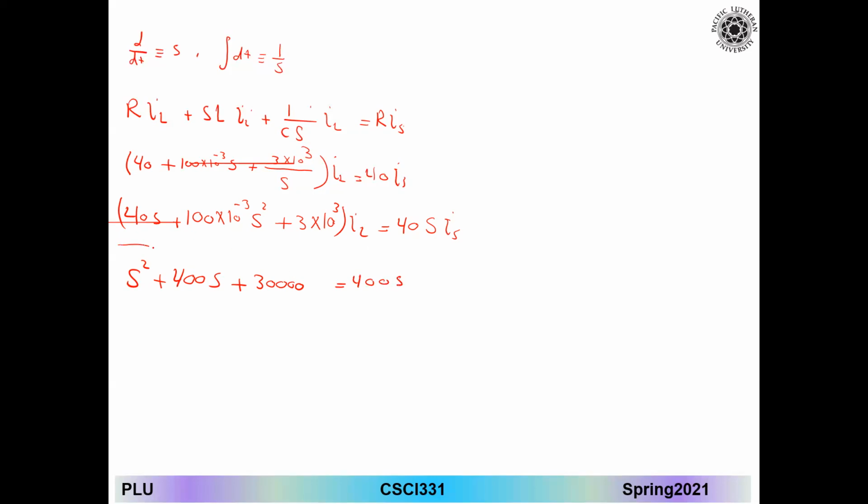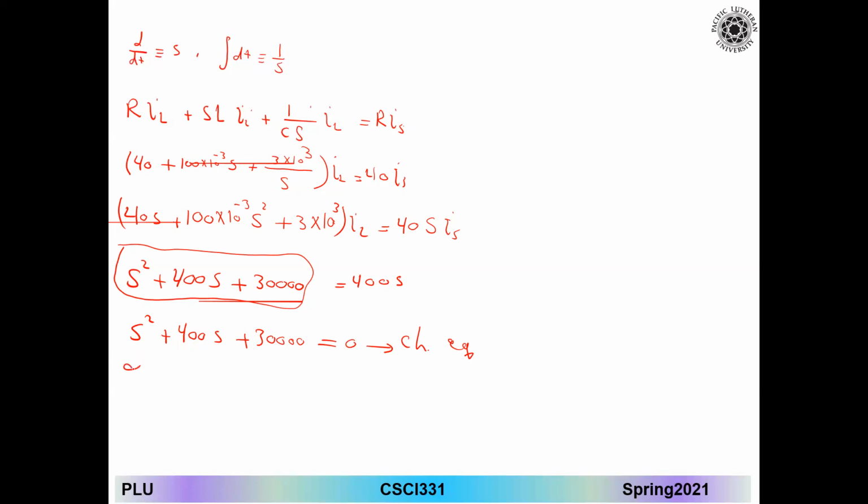So our characteristic equation, what are we looking for? It means S squared plus 400S plus 30,000 equals 0. This is my characteristic equation. What do we have? 2 alpha, remember guys, 2 alpha.